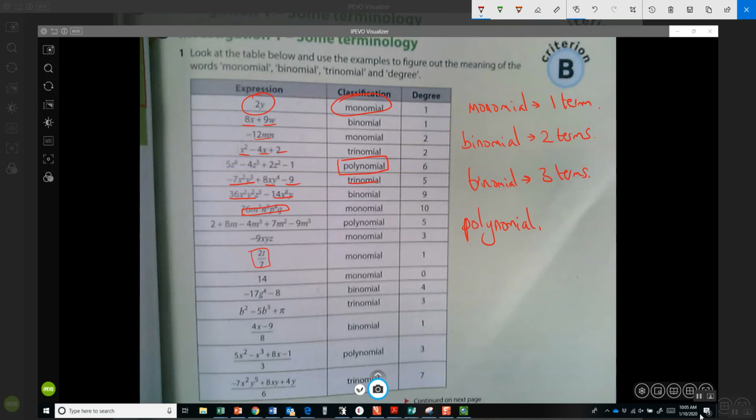It has to be 4 or more terms. I can see this has 4 terms, this has 5 terms. So a polynomial we write as having 4 or more terms.